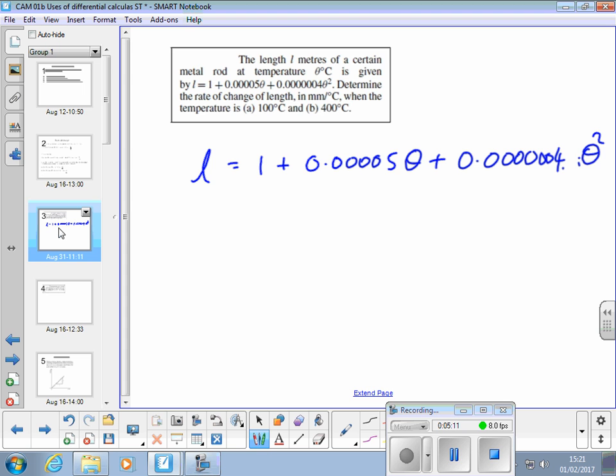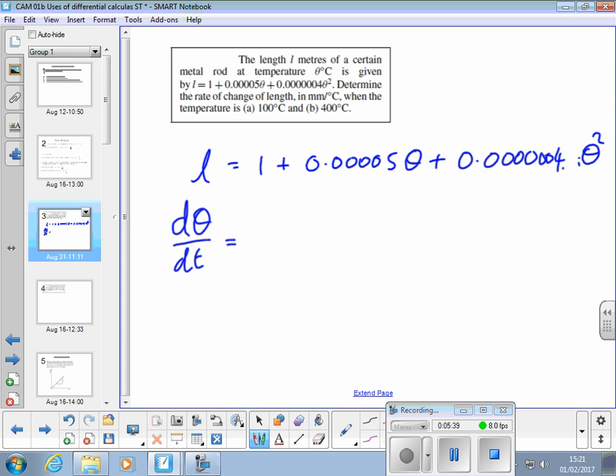So what do we need to find so that we can find the rate of change of length? The rate of change is the differential, so we need to differentiate that function, and then we'll find the rate of change.